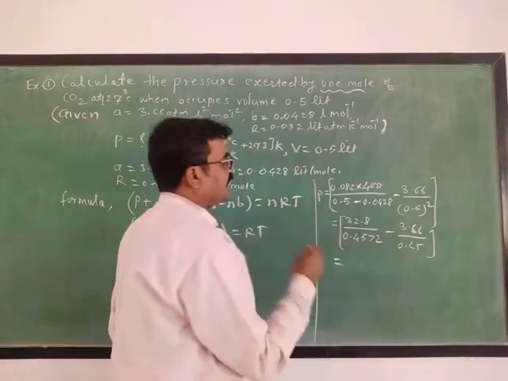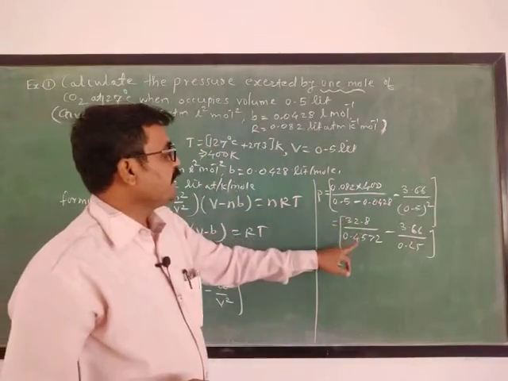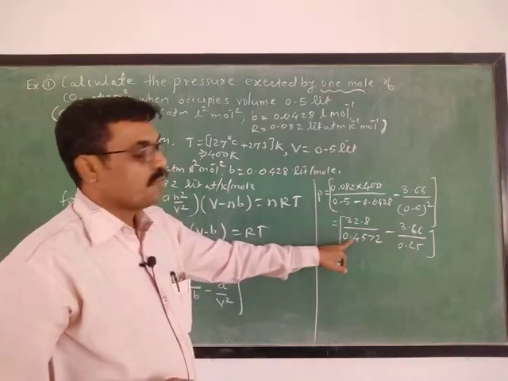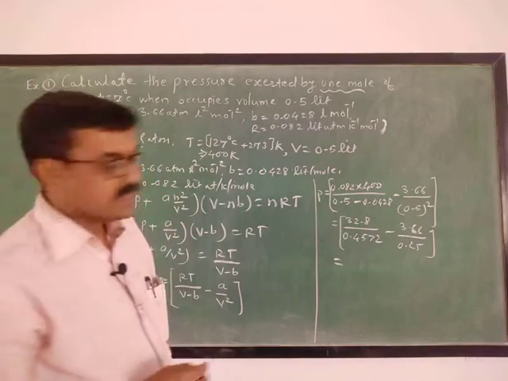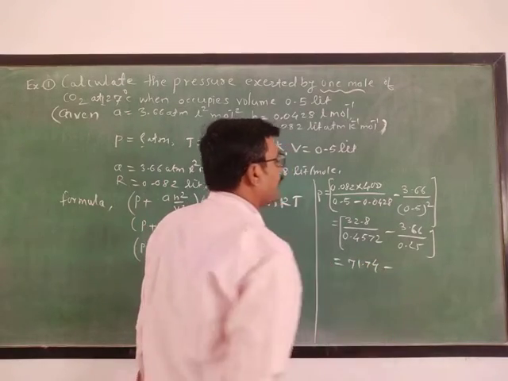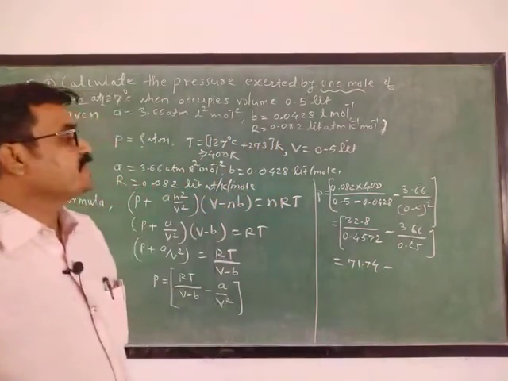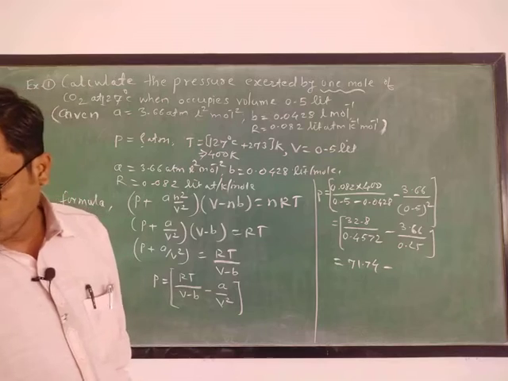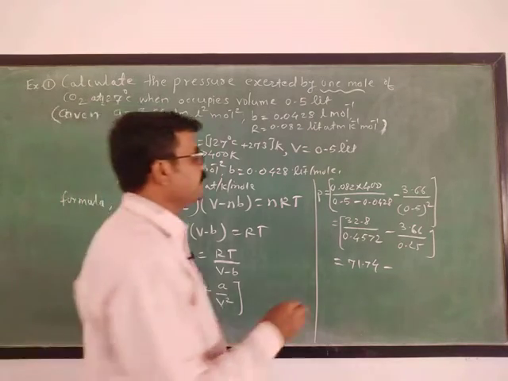Then after calculating this, 32.8 divided by 0.4572 comes out to be 71.74, and this term 3.66 upon 0.25 becomes 14.64.